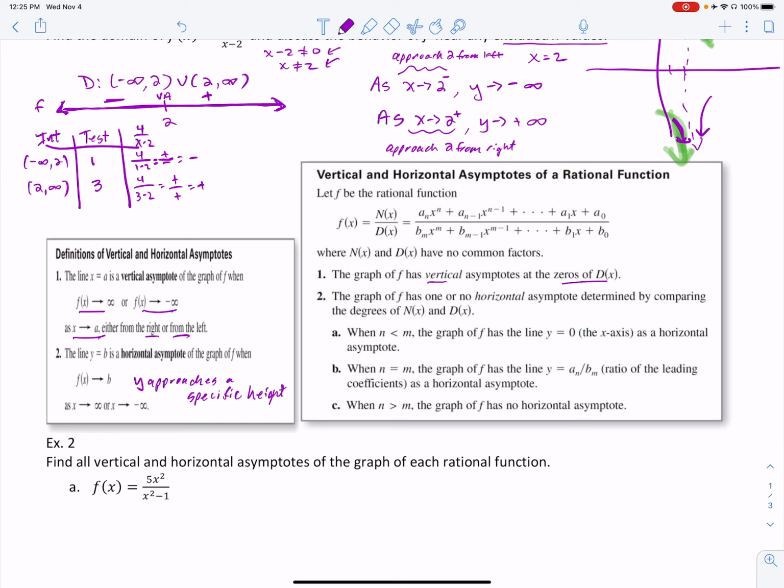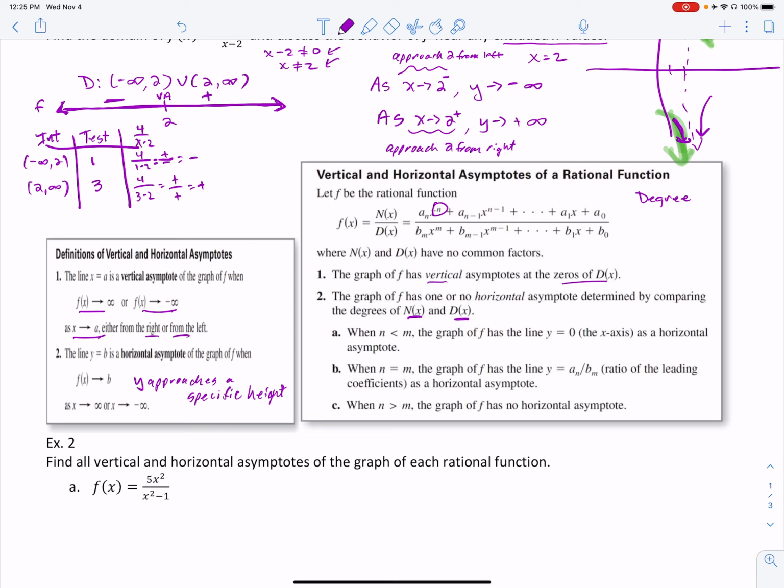And number 2, the graph has one or no horizontal asymptotes, determined by comparing the degrees of N of x and D of x.